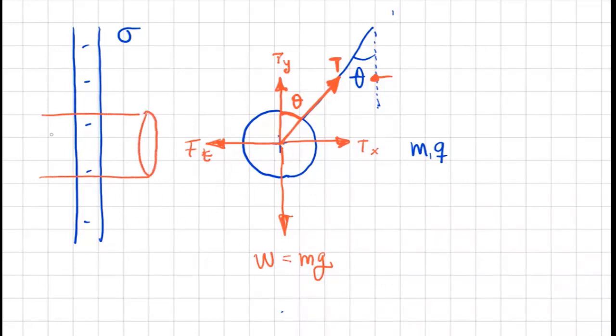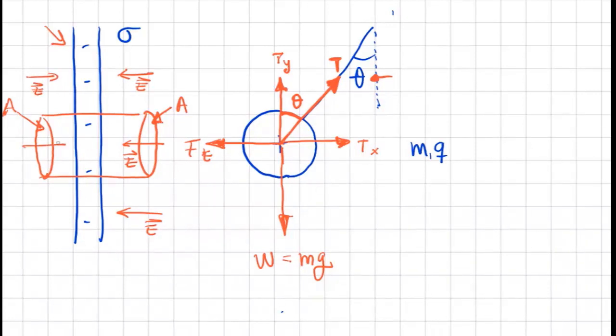The Gaussian surface is crossing through the plane and is a cylinder, and this cylinder has this side with area A and this side with the same area A. The electric field on the right side produced by this plane is pointing to the right, and the electric field on the left is pointing to the left.